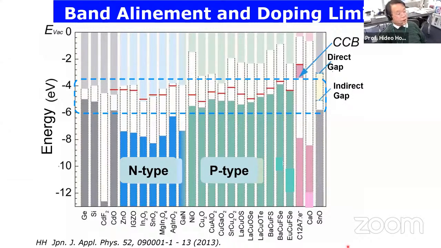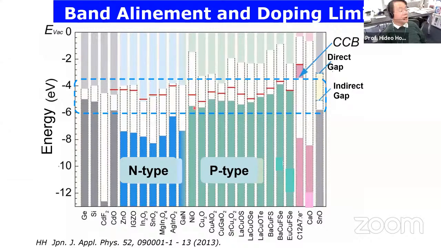For N-type semiconductors, the electron affinity is always below this line. On the other hand, for P-type semiconductors, the ionization potential is smaller than this line. To be a transparent semiconductor, it is not so easy to realize that both the electron affinity and ionization potential meet this range.